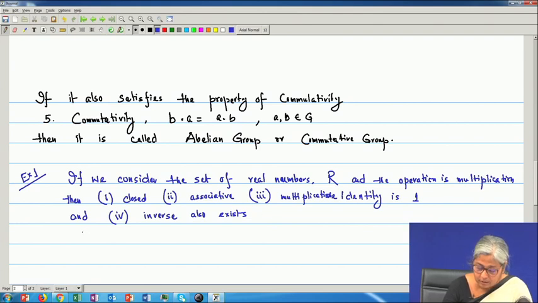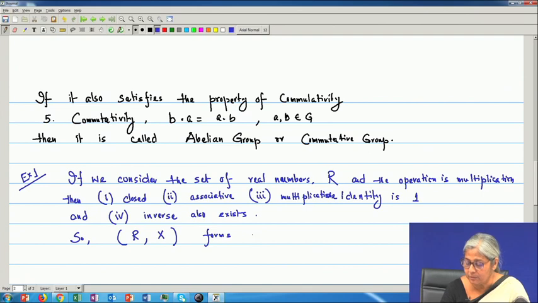So, R with multiplication forms an algebraic system, it is a group.